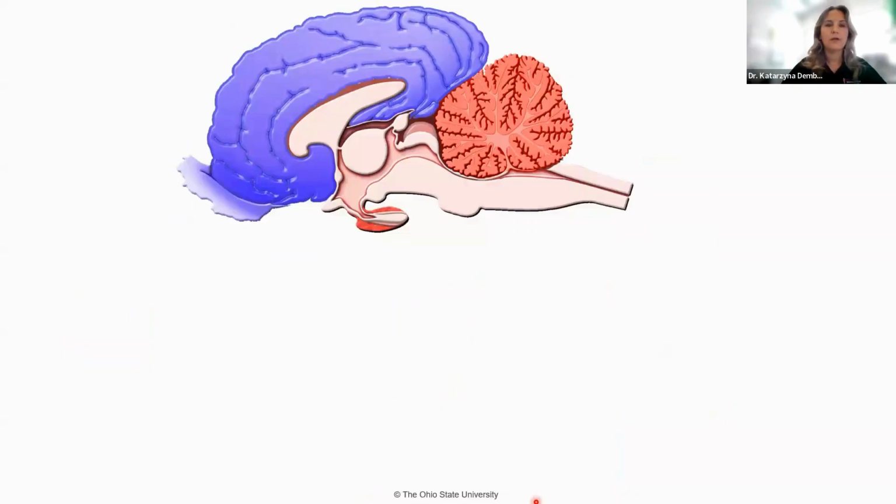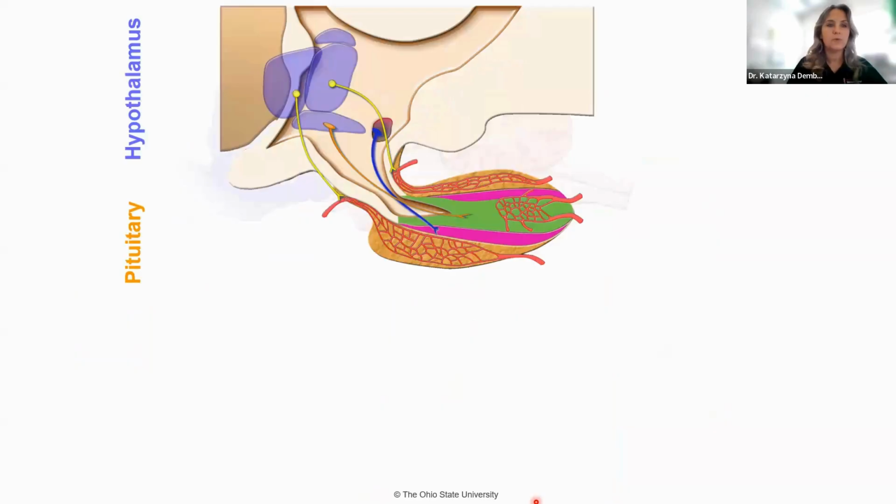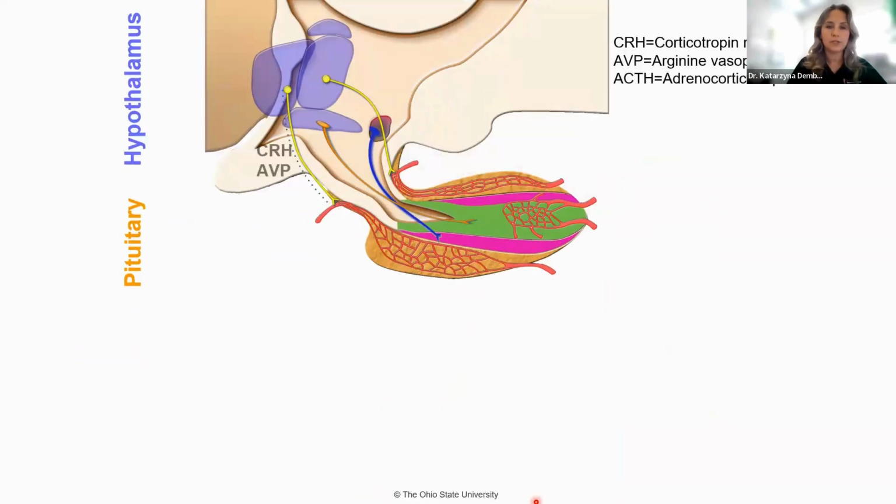Now, going over physiology of the hypothalamic pituitary adrenal axis, in response to stress, the hypothalamus releases CRH, which is corticotropin-releasing hormone, and arginine vasopressin. And these two hormones then stimulate the pituitary gland to produce ACTH, or adrenocorticotropin.